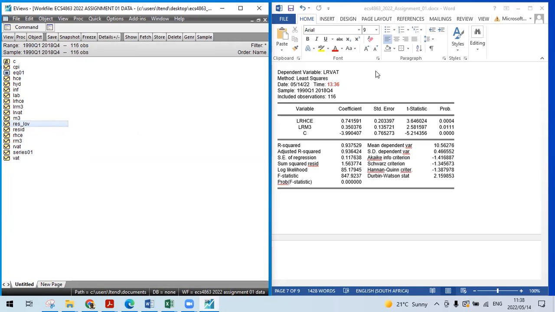From the long run equation, make residual series. When you make your residual series, you are almost there. From those residual series, test for stationarity. Test for stationarity of the residual series that you have made.